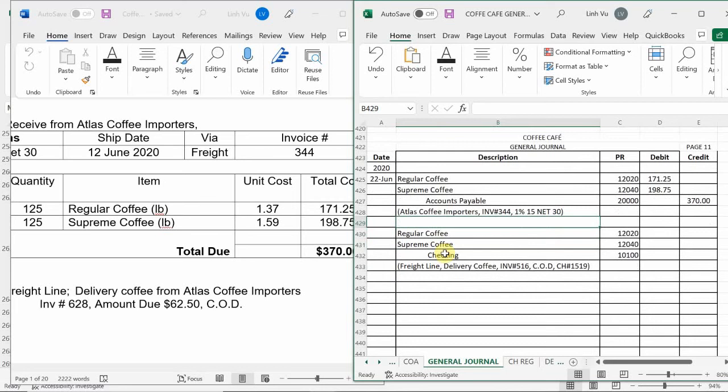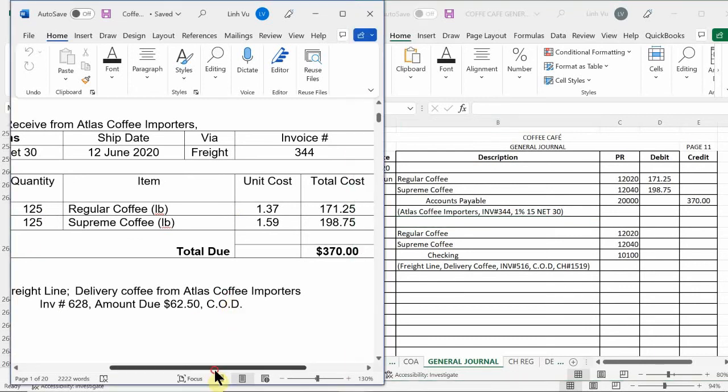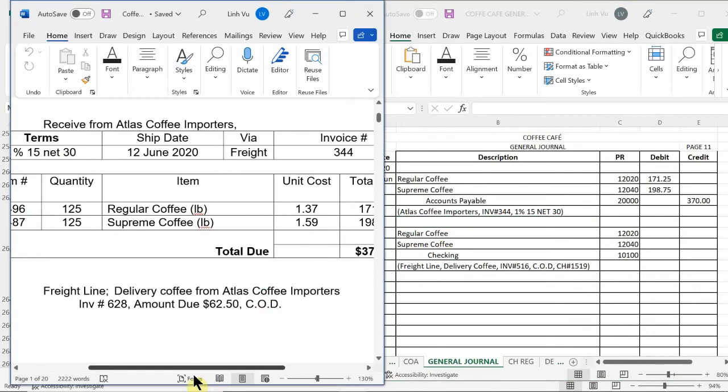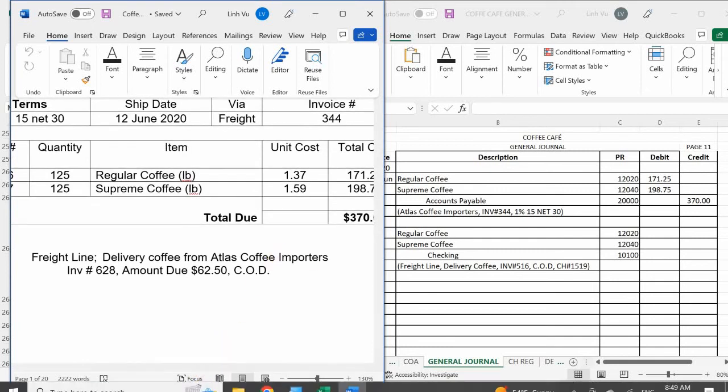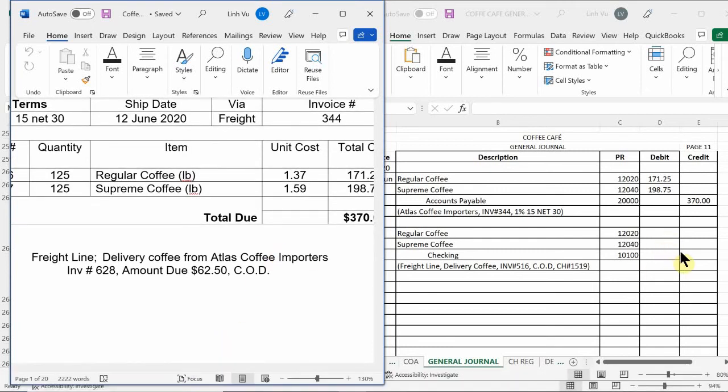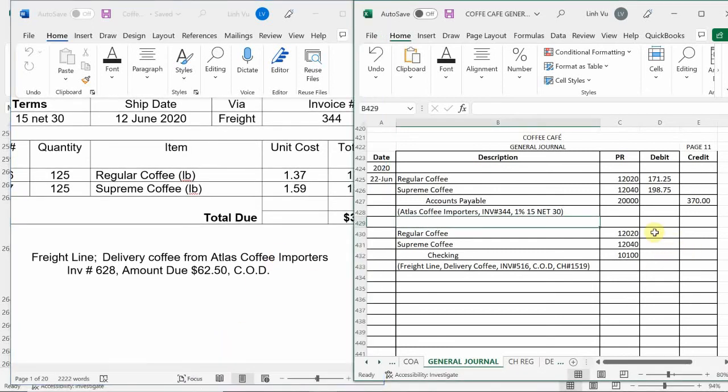And so we're going to go and pay for the COD. How much was COD? COD was 62.50. So how do I split that?